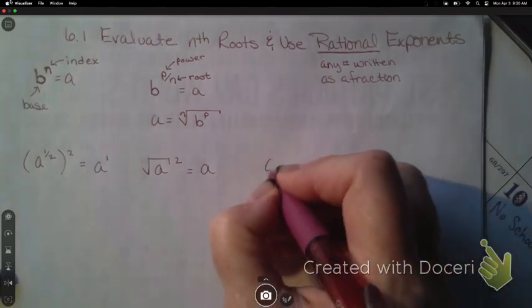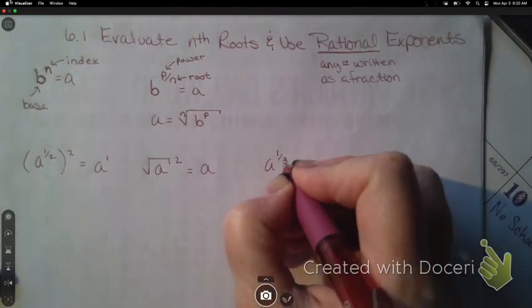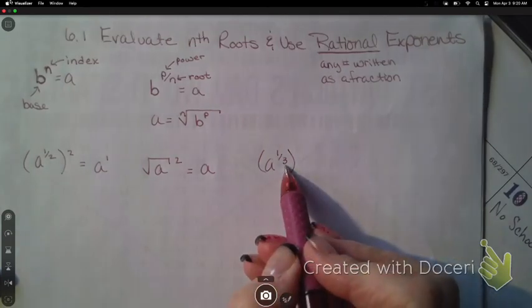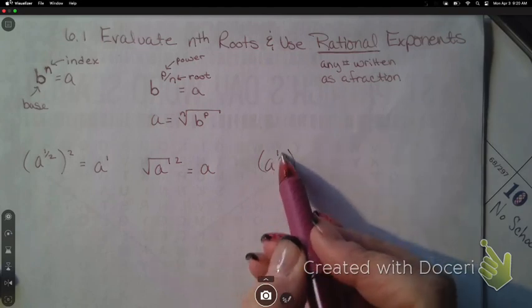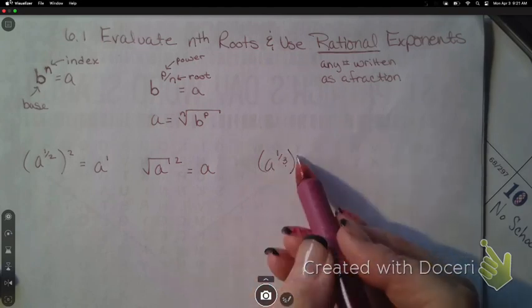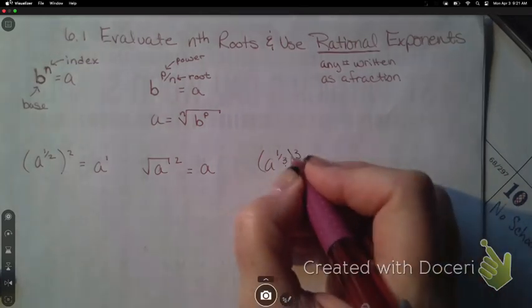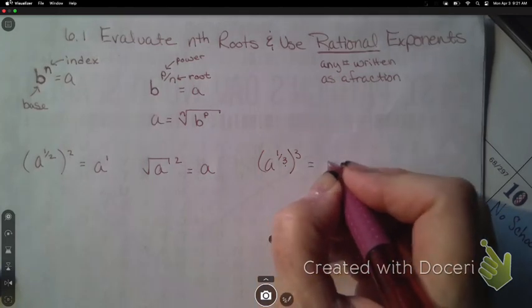So if I had the cube root, why is it the cube root? Because what's in the denominator? 3. So a to the 1/3, what power would I take it to get rid of that cube root? The third, because a third of 3 is 1.